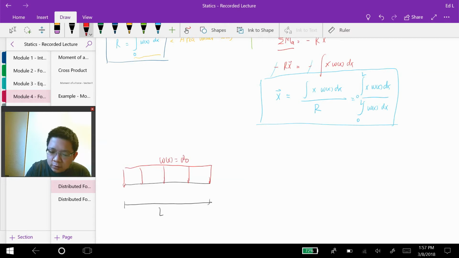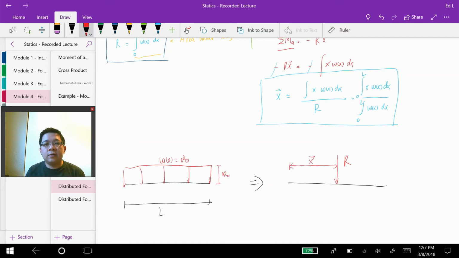So the w naught is basically the intensity right here, and I would like you to calculate what is the resultant force R, and then what is x bar, and express your result in terms of w naught and L. So please give it a try.